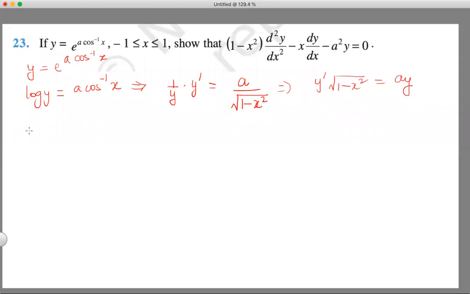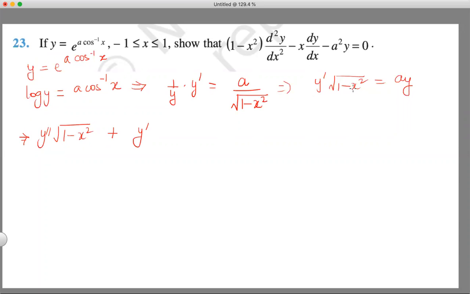So look carefully now, how will we differentiate this? The differential of the first order derivative of y is the second order derivative of y into the second function, plus the first function, which is the first order derivative of y, into the differential of this. Okay, so what will be the differential of this?